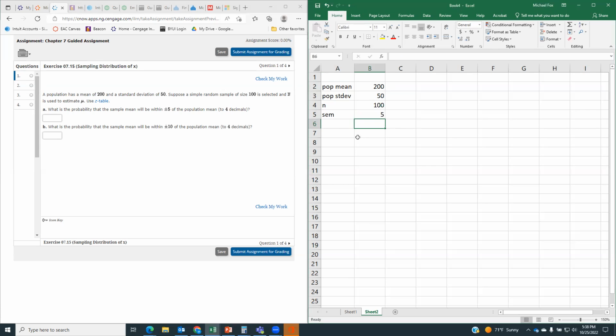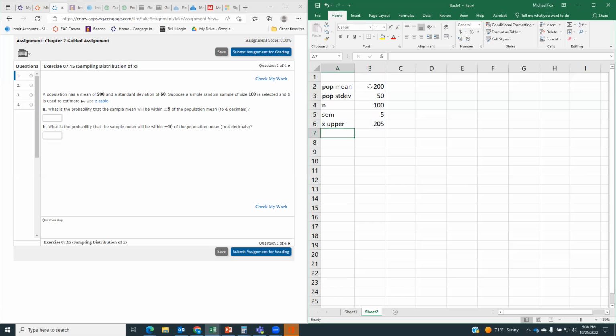All right. So once we know the standard error of the mean, we can go ahead and figure this out. So first I need to know what is my value of x that I'm looking for. And because it's giving me two values of x, it says plus or minus 5, I'm going to do an upper x, which is just going to be my mean plus 5.